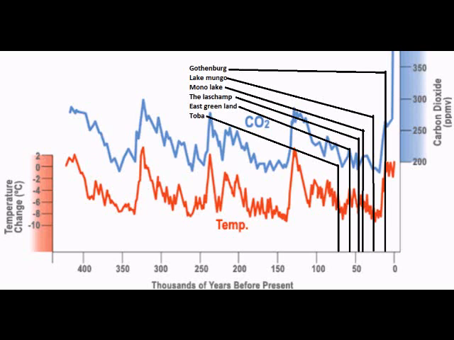Gothenburg, 12,000 years. Lake Mungo, 24,000 years. Mono Lake, 37,000 years. Lashamp, 41,000 years. East Greenland, 60,000 years. And Toba, 71 to 72,000 years. They're not even occurring in cycles of 12,000 years.